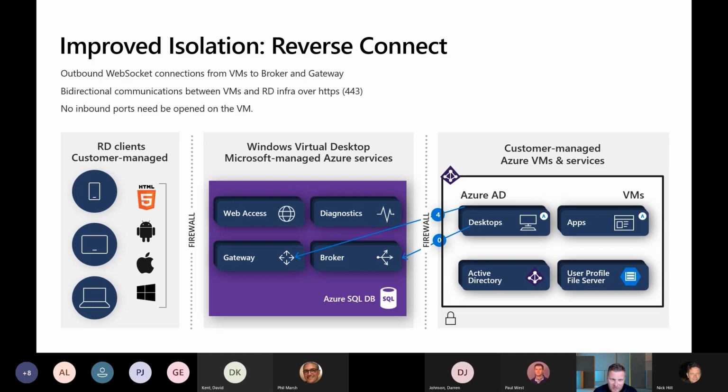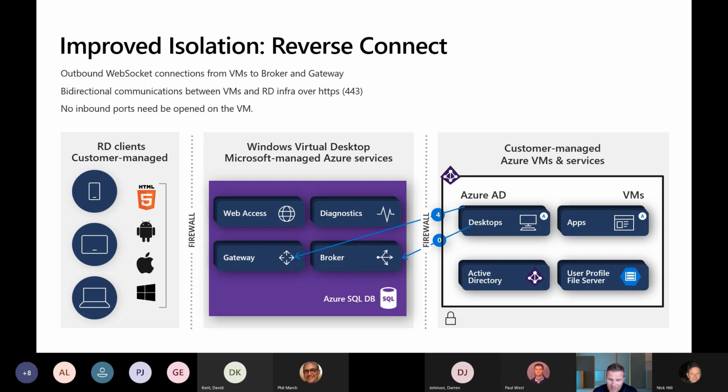The steps in that previous slide happen, and a user then will try to connect. And all that actually happens is that our brokering service connects that inbound connection to that outbound connection from the virtual machine. And all that is a single outbound WebSocket connection over port 443 to our control plane.